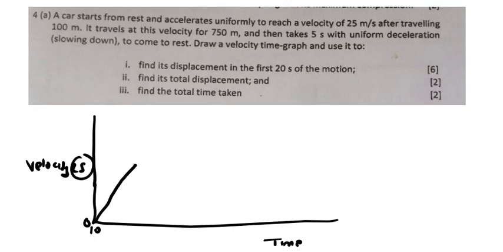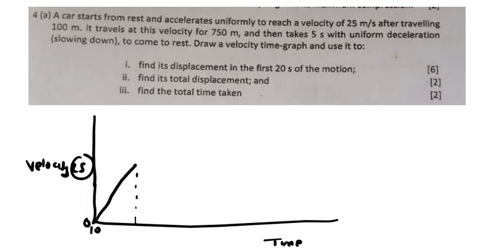After traveling 100 meters. It starts from rest and after traveling 100 meters, let's say from here to here it's 100 meters. Time of this phase, have they given us?